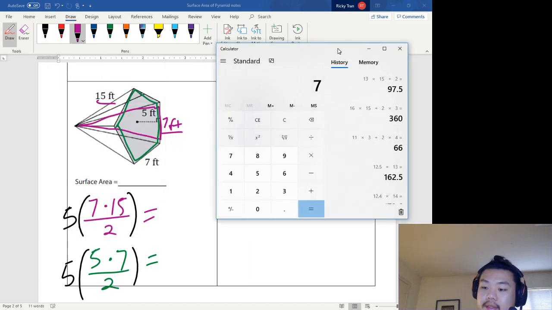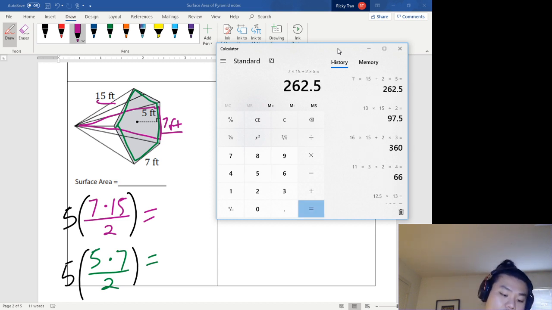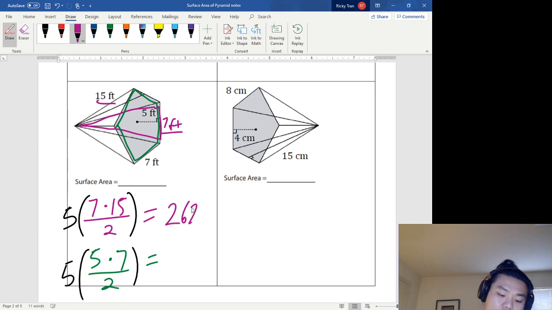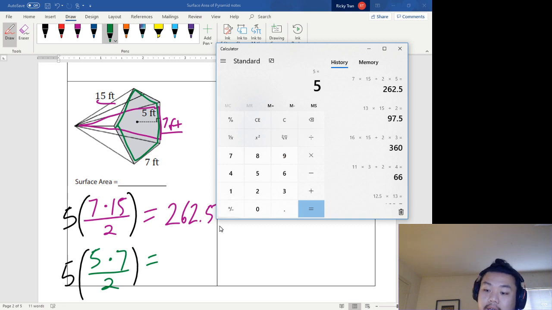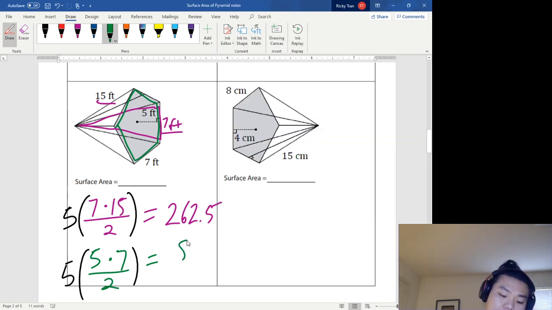Okay, so 7 times 15 divided by 2 times 5. So 262.5, and then 5 times 7 divided by 2 times 5, which is 87.5.